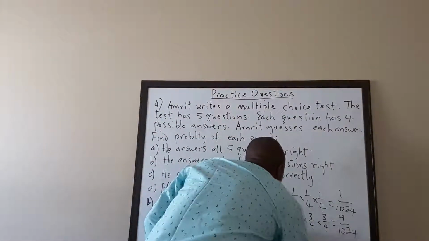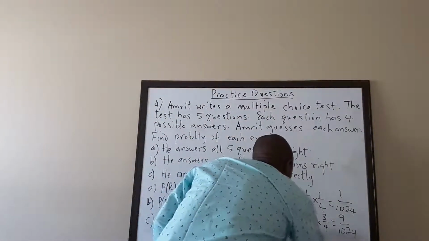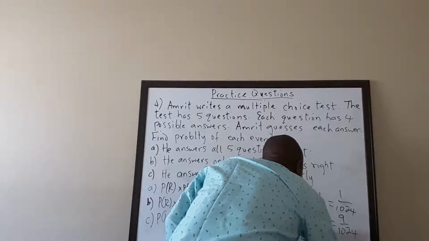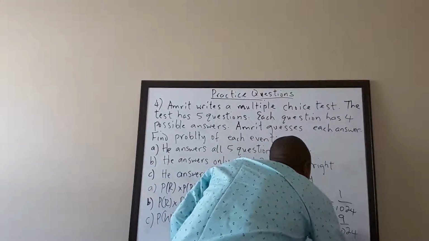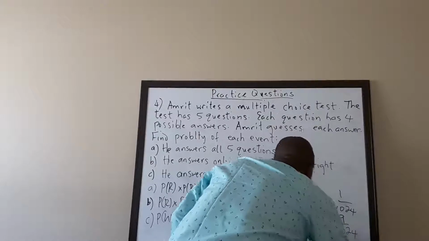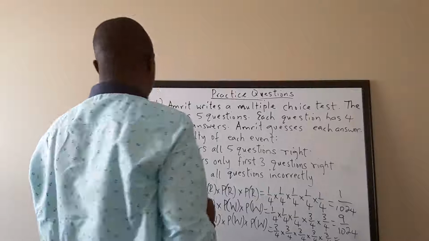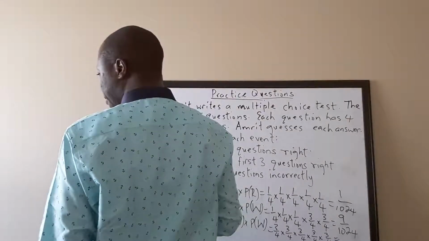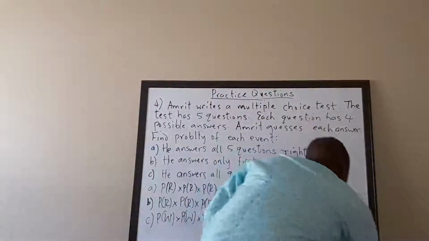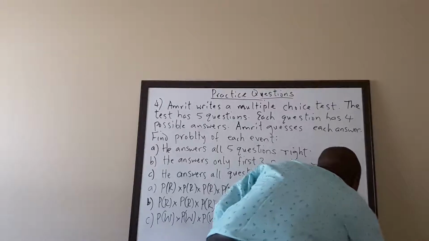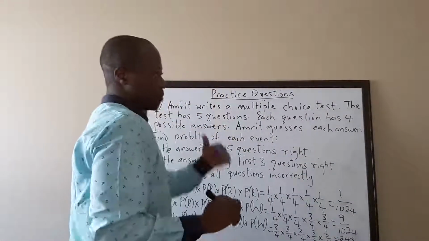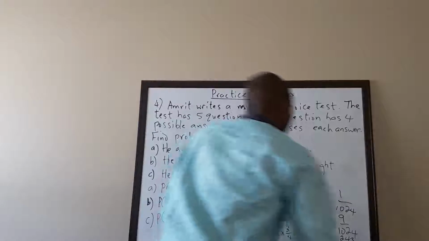So 3 over 4 times 3 over 4 times 3 over 4 times 3 over 4 times 3 over 4. So we have to multiply all this. 3 times 3, 5 times, is 243. And 4 times 4, 5 times, we have 1024.